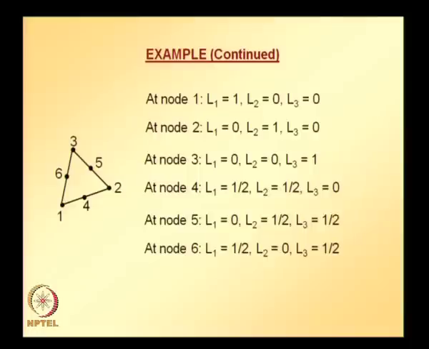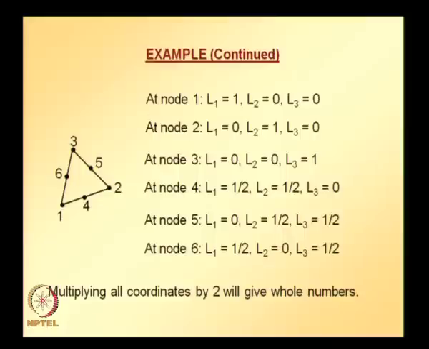Now you can easily verify that L1, L2, L3 written for all these nodes are not whole numbers, because we have half for some of the quantities. So, that is why, if required, we need to normalize. That is the second step. Here it is required. Multiplying all coordinates by 2 gives us whole numbers.